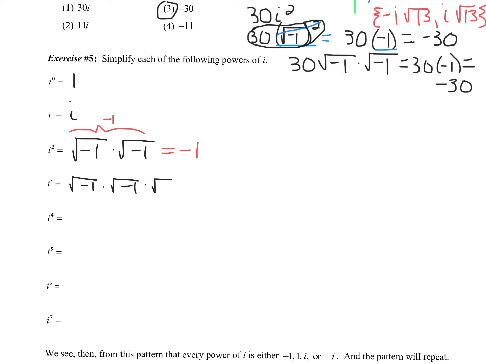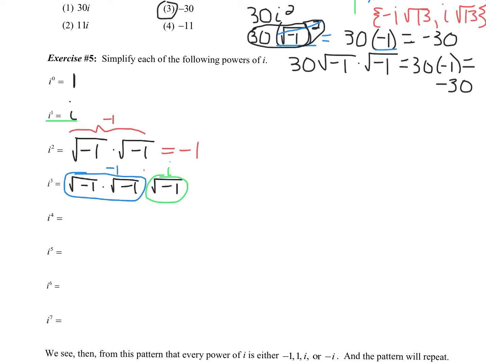So on each of these problems I'm just basically writing out what they mean. i cubed is 3 square roots of -1. Anytime I have 2 of them, just like up here, that equals -1. Anytime I have 1 of them, i to the first, that just equals i.